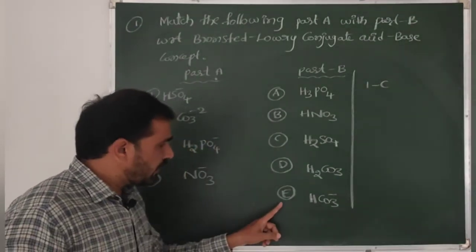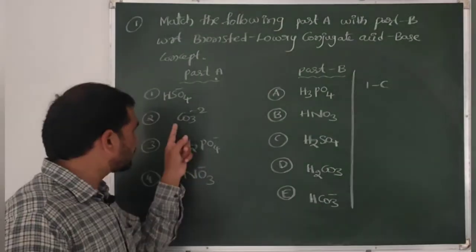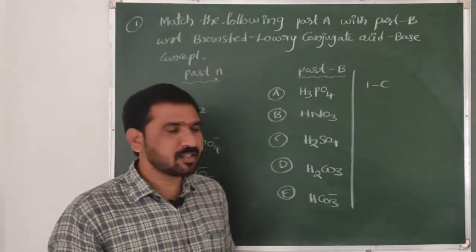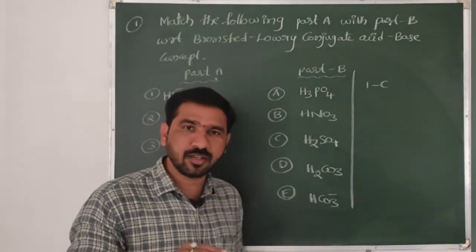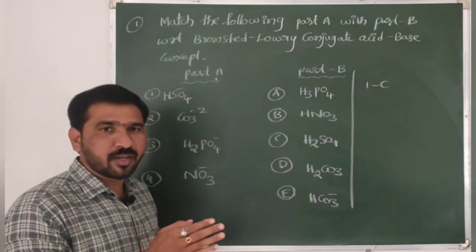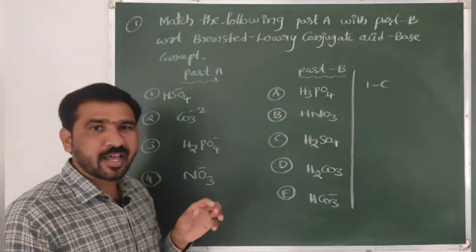Then coming to E, if you see HCO3 minus, here CO3 minus 2. It means when CO3 minus 2 gains one proton, it converts to HCO3 minus. It means one negative charge is removed by the addition of one proton, right? So here this is a proton acceptor.